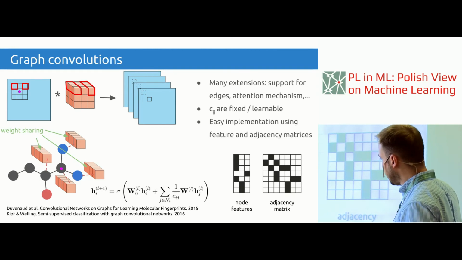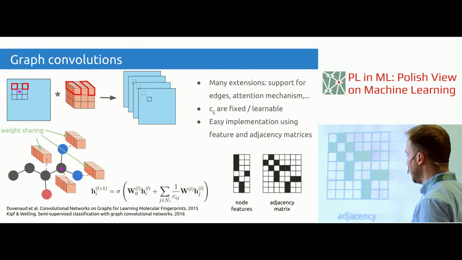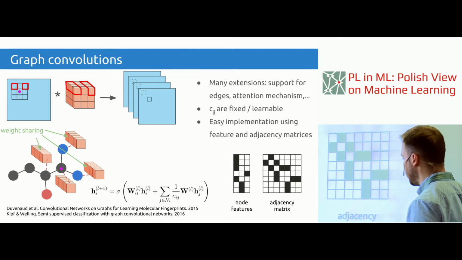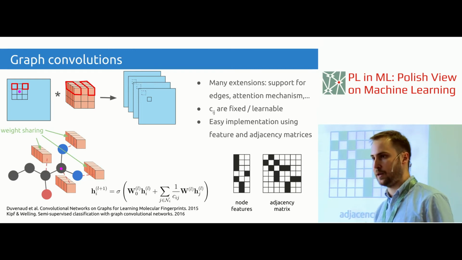For example, this is 1, 0, 0, and it's carbon. For example, this is 0, 0, 1, and this is nitrogen. And the adjacency matrix is just representing the connections between the atoms. So for example, if the first node is only connected to the second node, then you have in the first row 0, 1, 0, 0, 0. I think that's easy.